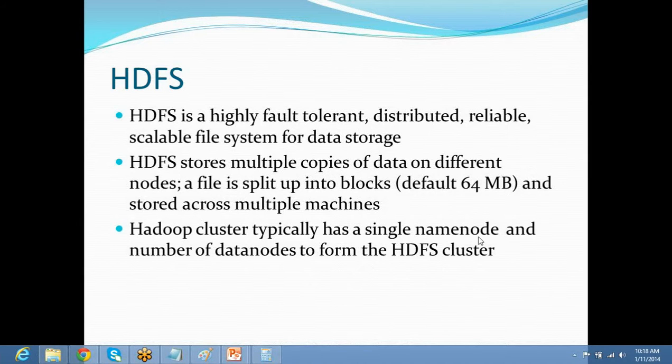How exactly is that? Fault tolerant means if any fault occurs, if any breakdown occurs, if there is any issue, say a hardware related issue or any other software related issue, it's capable of overcoming that on its own.